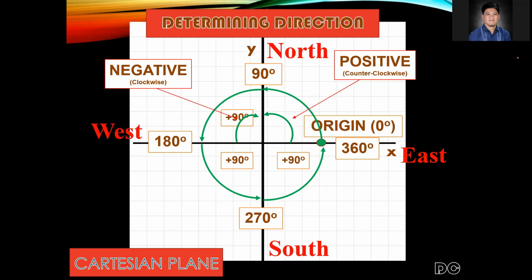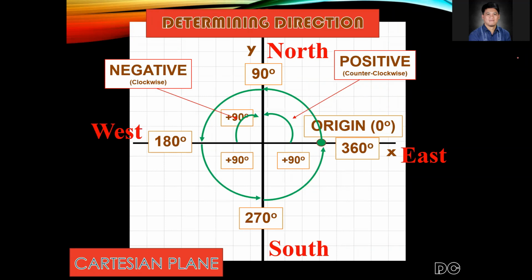But for our direction, we need to get the absolute value of our angle. Am I clear? So that is the equivalent angle or equivalent degree of our direction, the four main directions, the north, the south, the east, and the west.